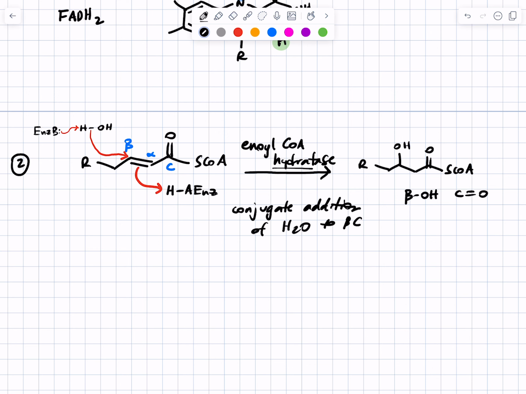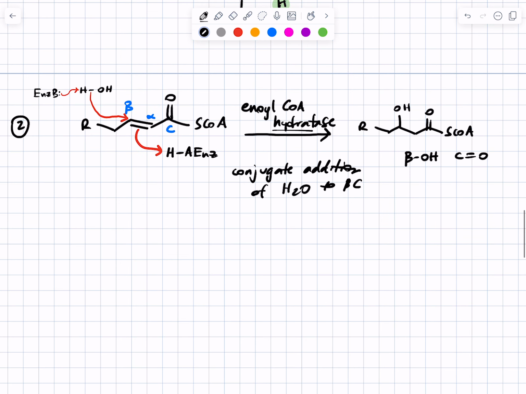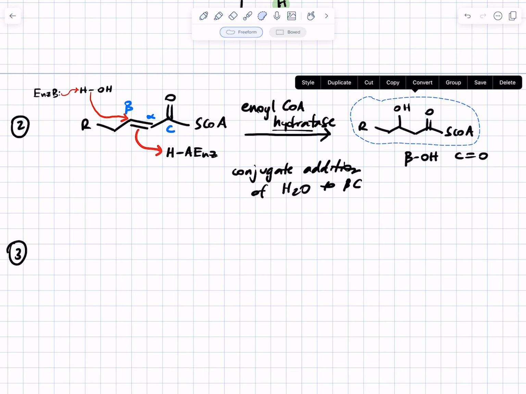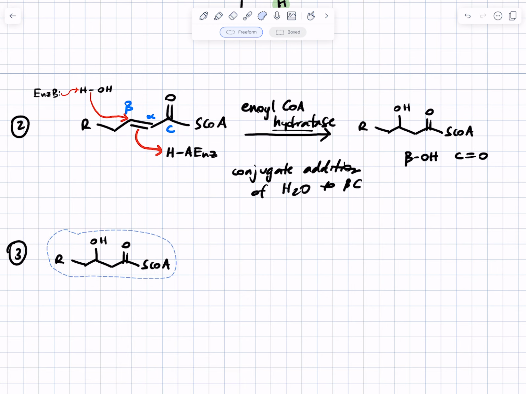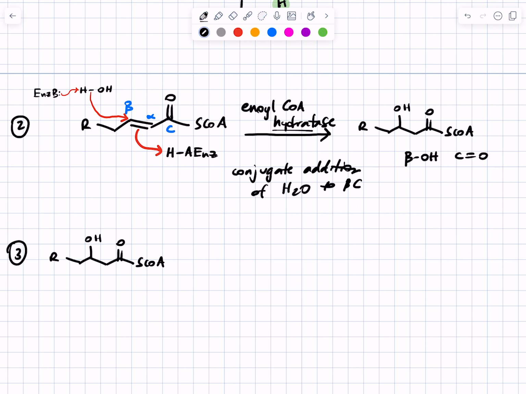And nature's efficient. And so once we get this beta hydroxy carbonyl compound, we're going to oxidize it with NAD plus to get a beta keto thioester.